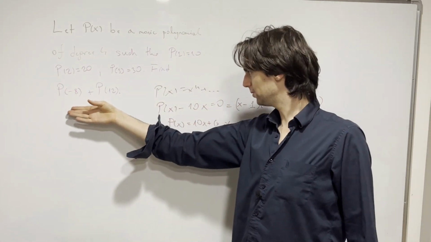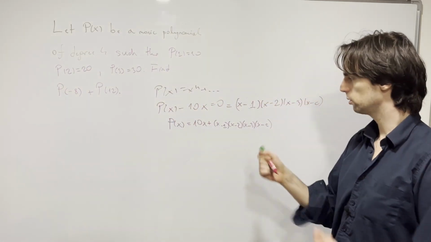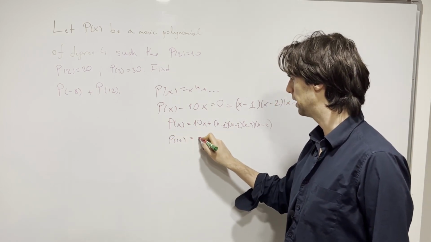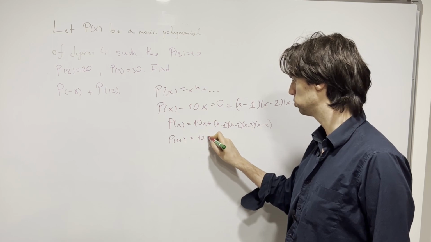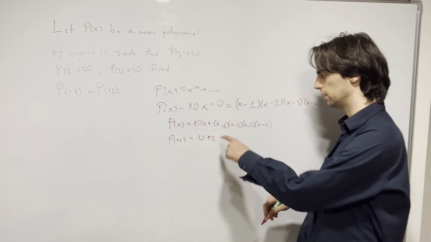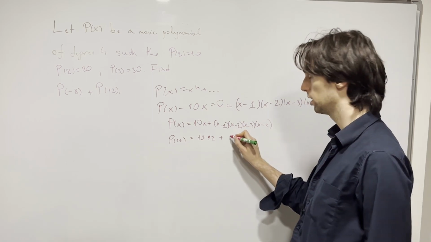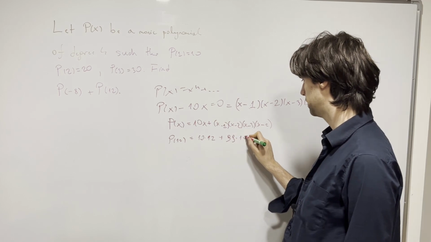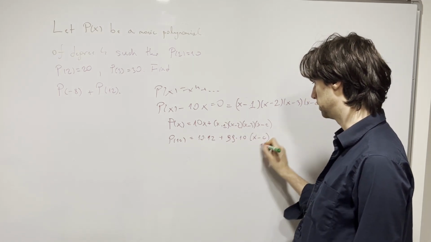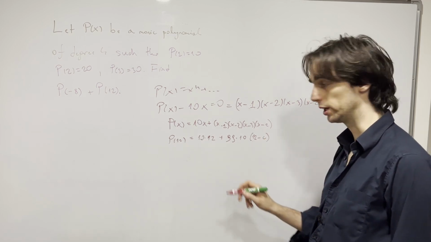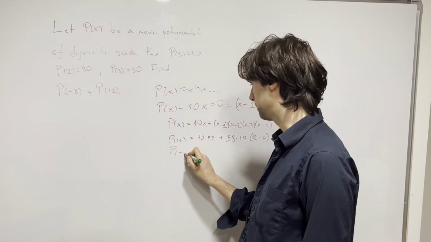We try to calculate, let's see what happens when we plug these numbers in. When we plug in p of 12, what do we have? We have 10 times 12, plus this is going to be 11 times 10 times 9. That's going to be 99 times 10, times 12 minus c. Okay, what is p of negative 8?